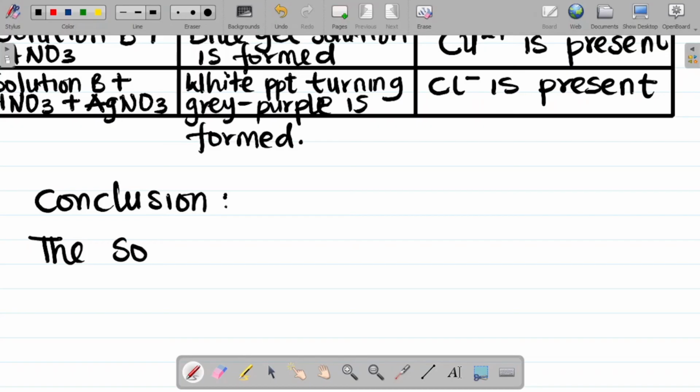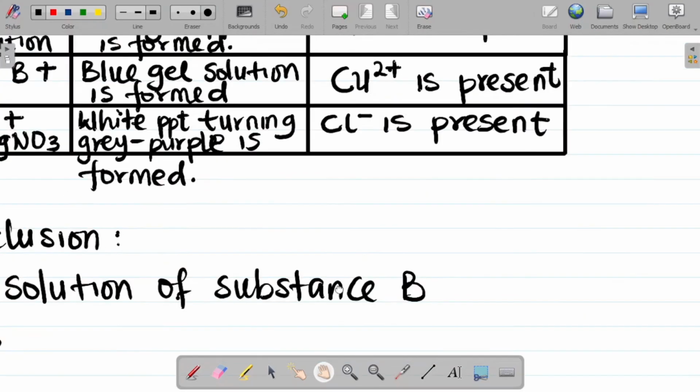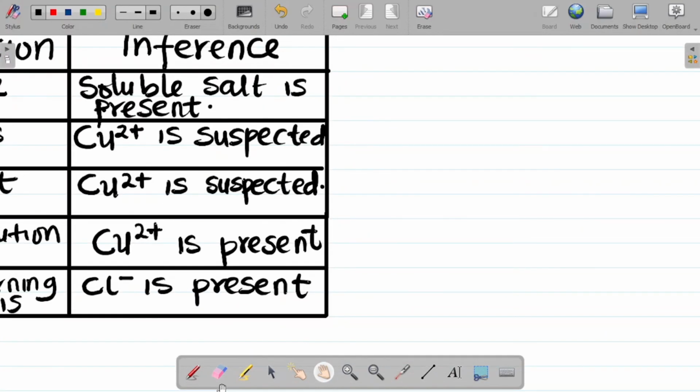The solution of substance B is what exactly? For here, the cation is copper 2 ion, Cu2+, plus the anion is chloride, Cl minus.